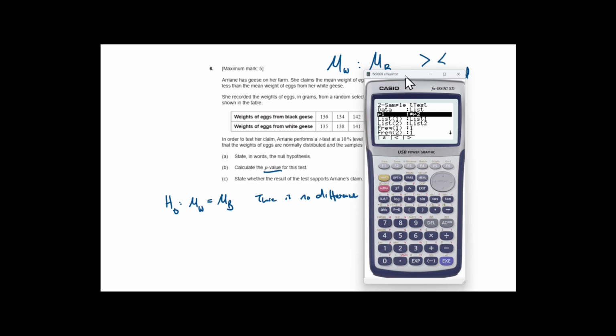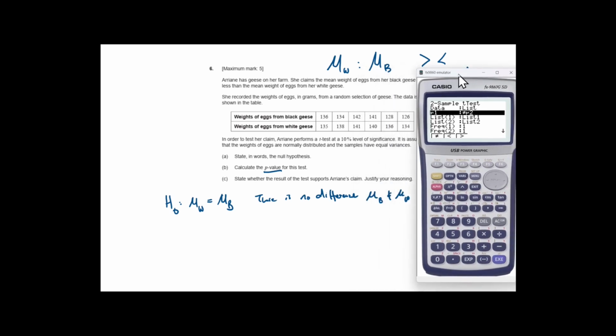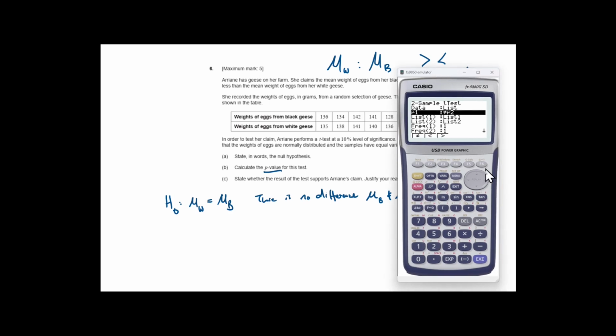So our hypothesis is going to be that it's greater than, yes, greater than. I put that in, list 1, list 2. It's going to equal, so our p-value that we are looking for, if I got that the right way around. I think I've got that the wrong way around. Hang on.